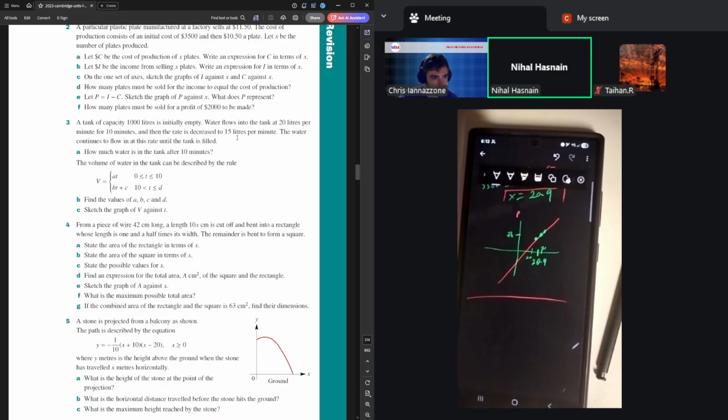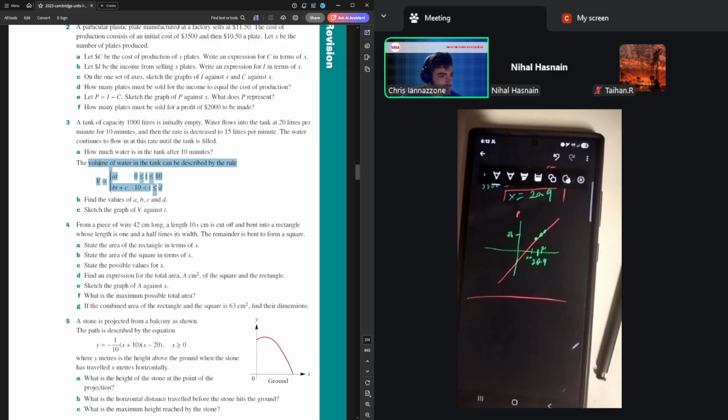After 10 minutes, I guess it's quite easy. We just multiply 20 litres per minute for 10 minutes. Yeah, exactly. So for each minute is another 20 litres. 20 by 10, 200. Yeah, 200 litres, final answer.